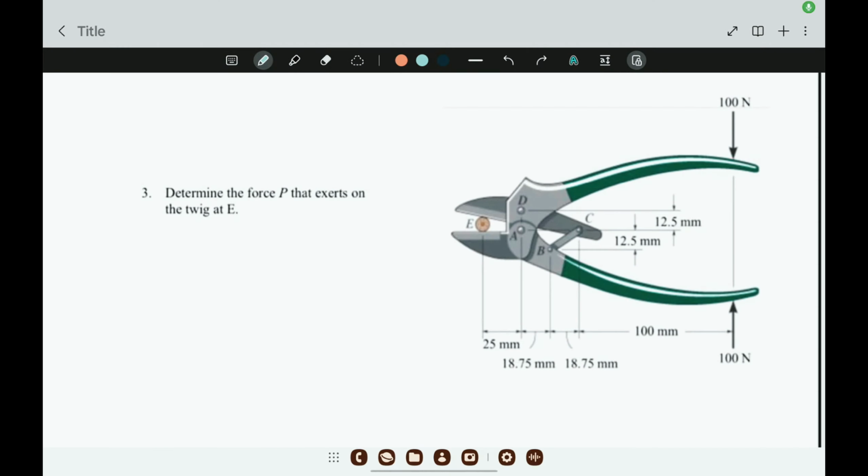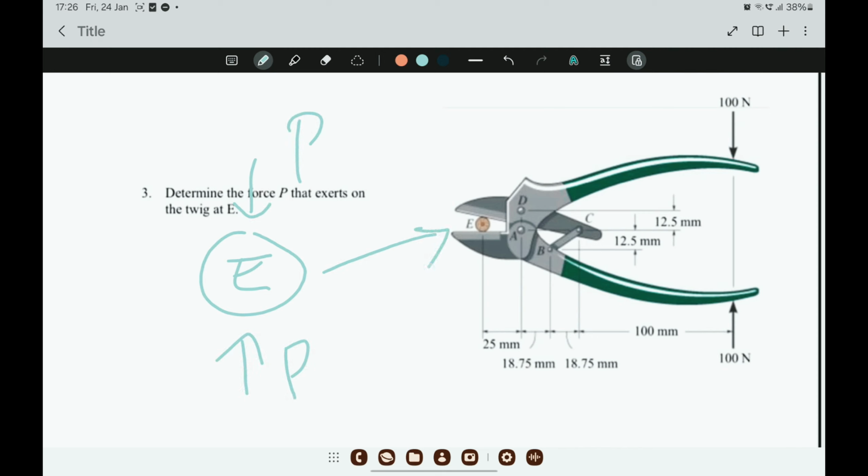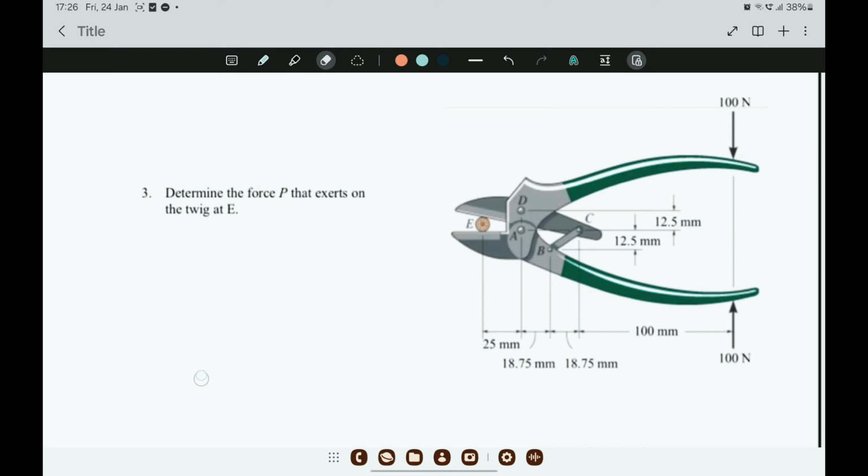Question 3, determine the force P that is exerted on the twig at E. So actually the P was here. First we divide into two sections. First section is this one.